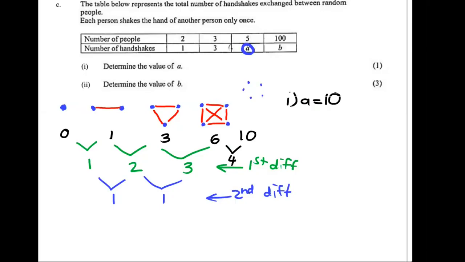Now the question says, what is the value of B? In other words, they're asking you to calculate T100, the 100th term. When there are now 100 people, how many handshakes will there be? So without stating the obvious, there will be a lot of handshakes, right?